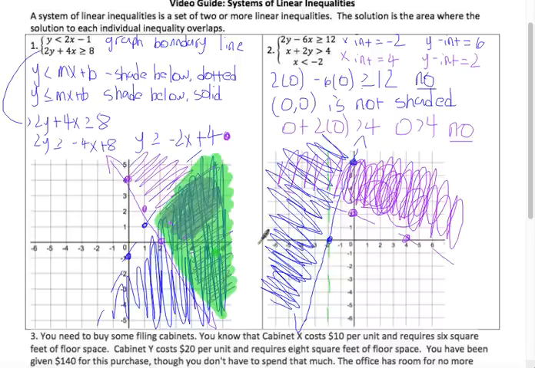So we would shade over here. And then we can see the part where all three overlap is up in this top left part.